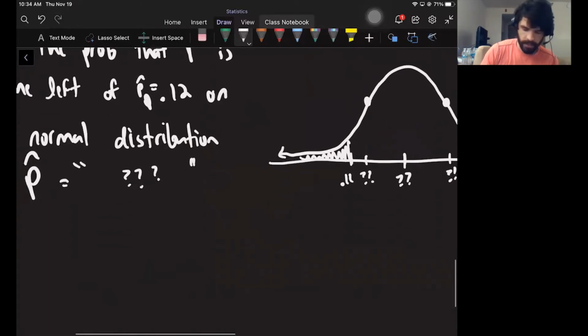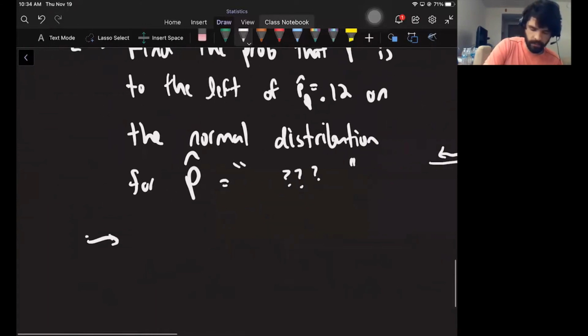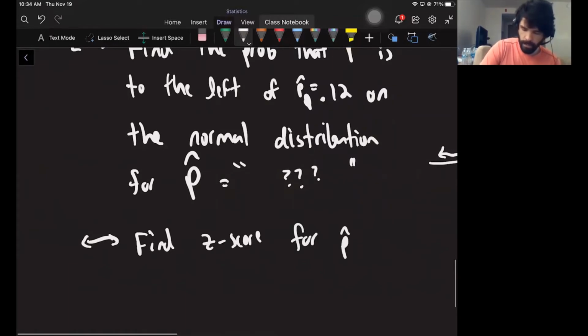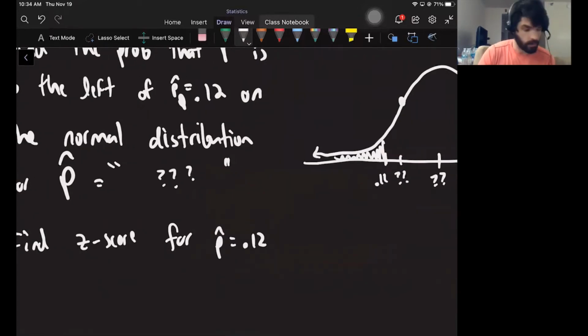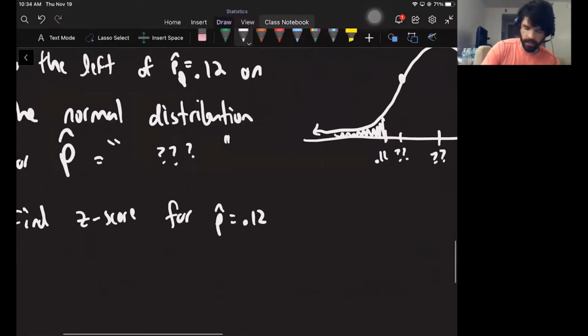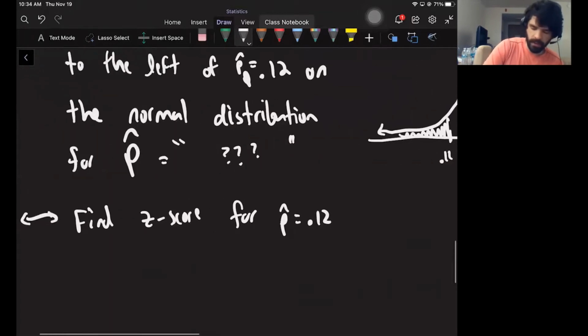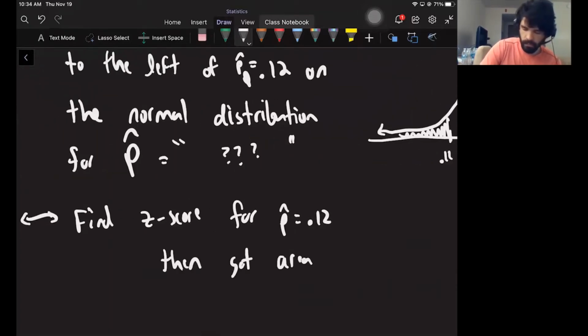Then we find the z-score for this specific sample proportion and use the calculator to get the area to the left.